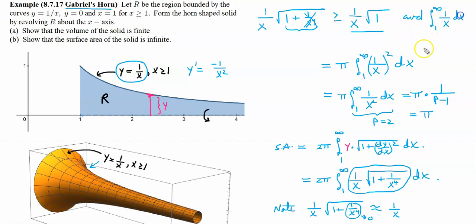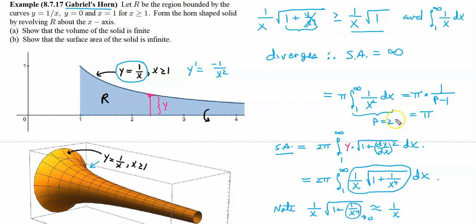We know that this diverges. And so therefore, the surface area integral, this integral down here, will also diverge. So the surface area is infinite. So that's an interesting shape. This shape down here has a finite volume, yet an infinite surface area.